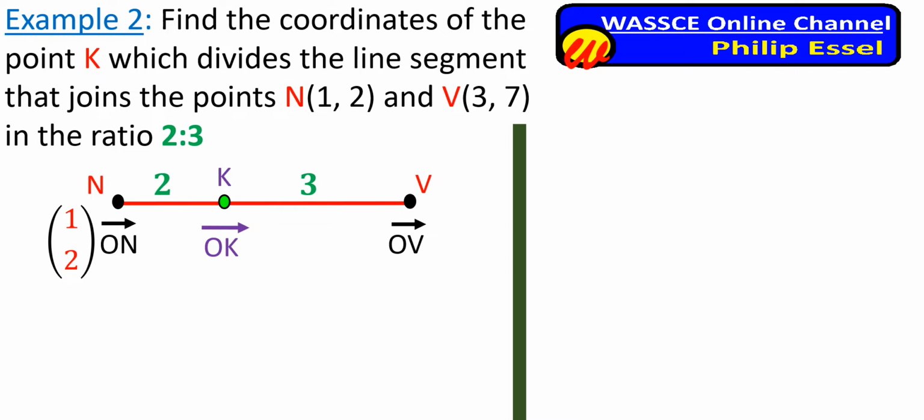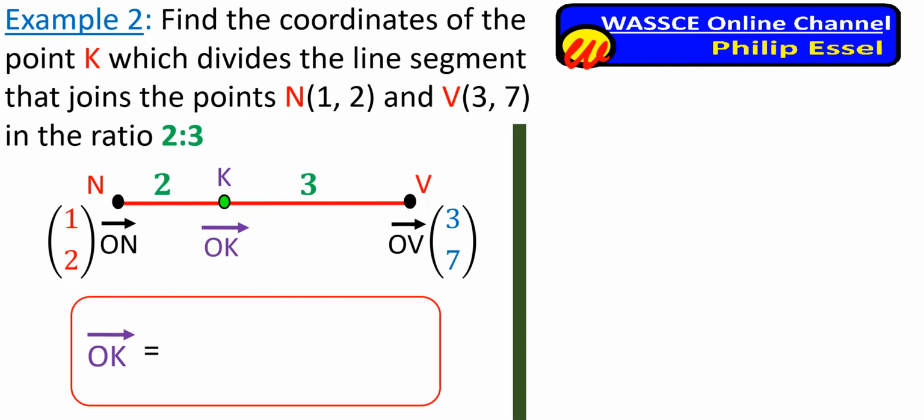And if the point V is (3, 7), then its position vector OV would be (3, 7). Now let's look for the position vector OK.